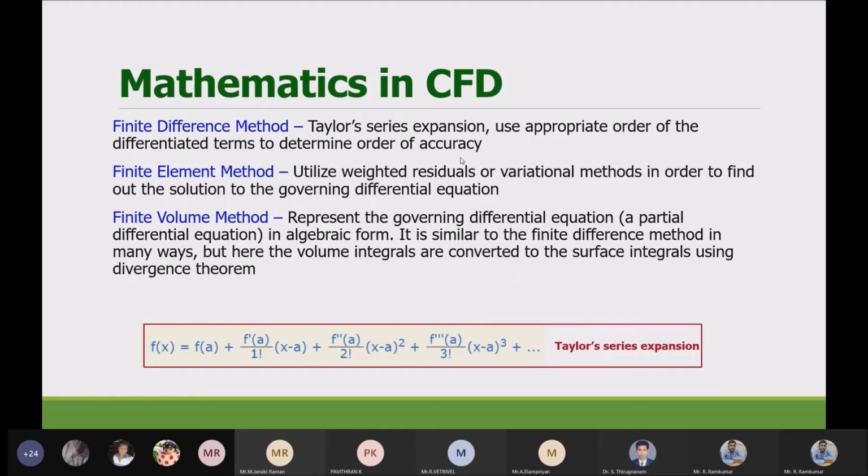I'm not going to be very mathematical with the mathematics that I've said. So there are three different methods in which you can solve a computational fluid dynamics problem. In your 6th or 7th semester, depending on which regulation the students are in, you would have learned the finite element method. Mostly third year students or higher. This method utilizes something called weighted residuals, where you initially guess one solution for a differential equation.